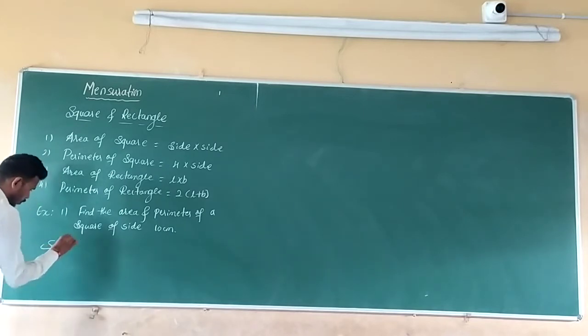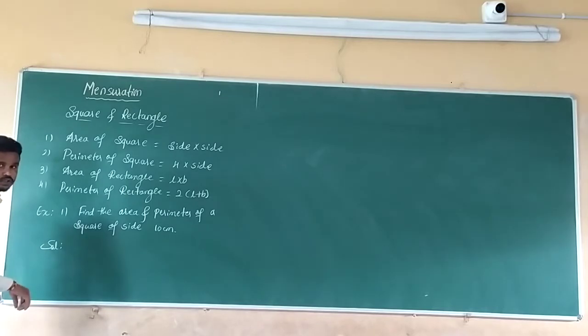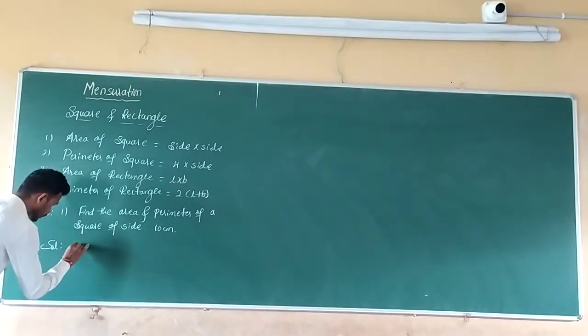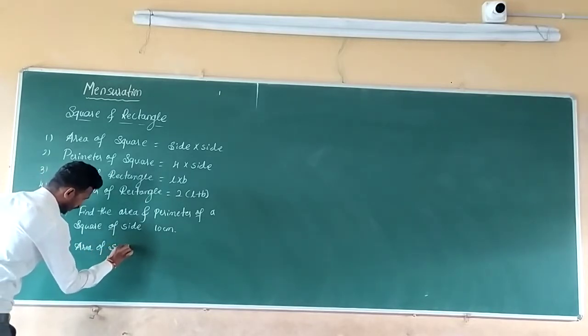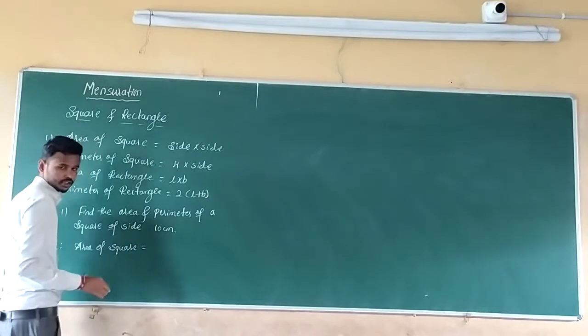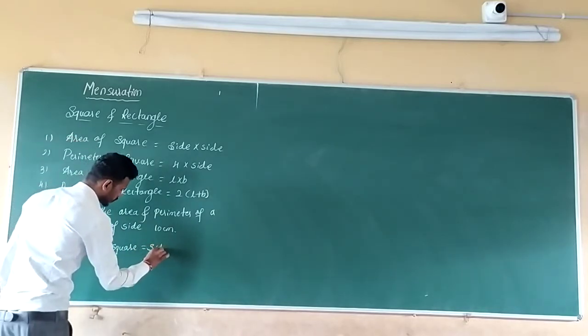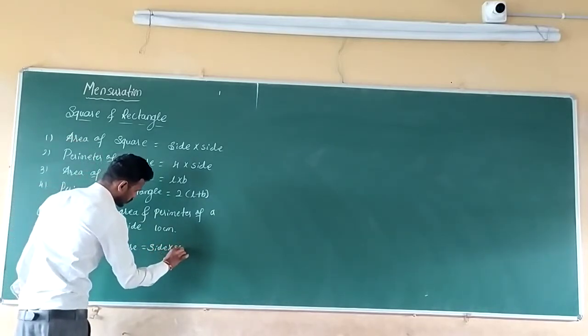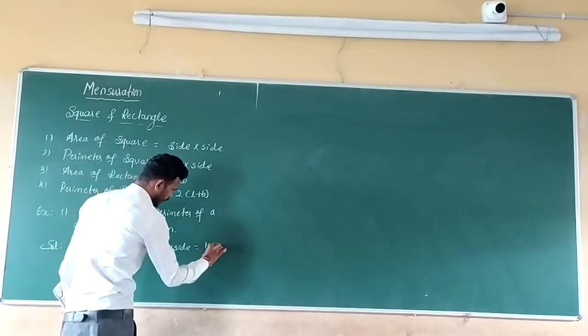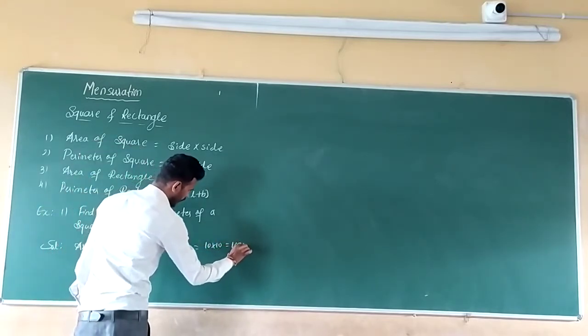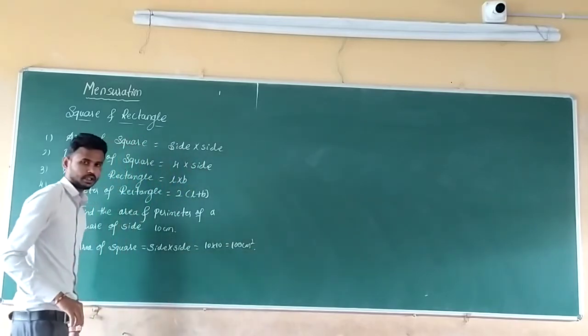What is the formula to find the area of a square? Side into side. So use that. Area of square is equal to side into side. The side given is 10. So 10 into 10 is 100 centimeter square.